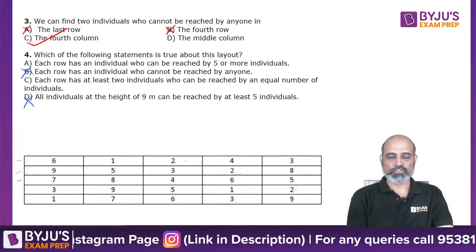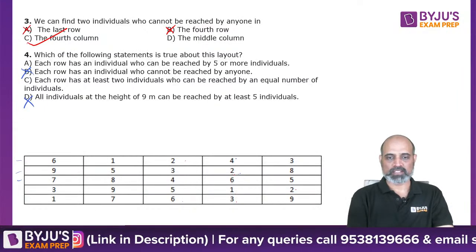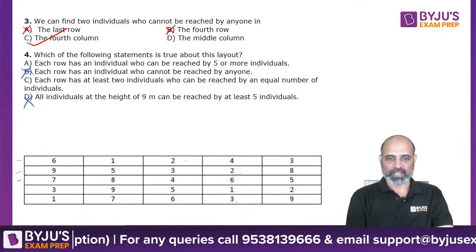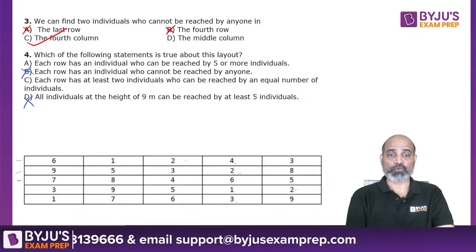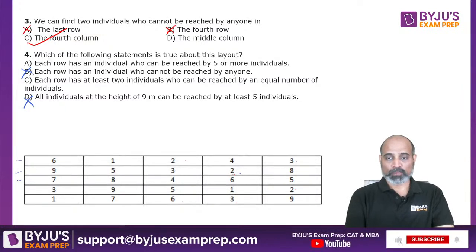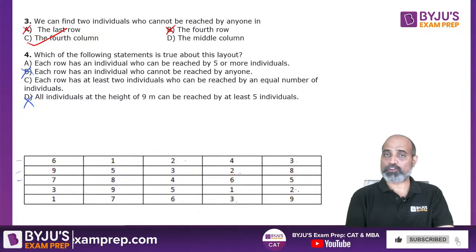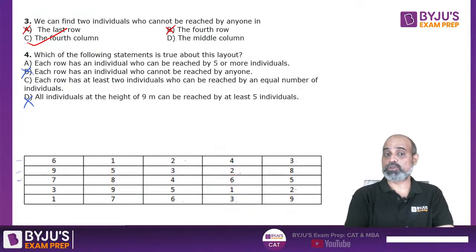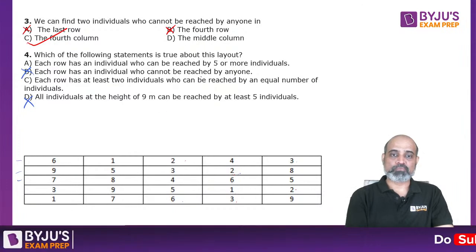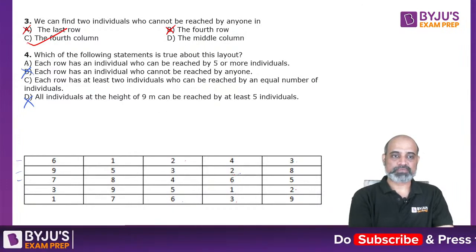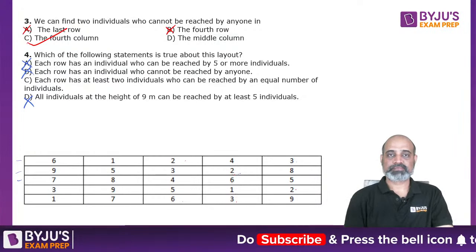What about 4? 4 can be reached from 2, another 2 and a 3. That makes 3. From 6 also, that makes 4. We wanted 5. What about this 3? 3 can be reached from no one. So we don't have even in the first row an individual who can be reached by 5 or more individuals. So this is also cancelled.